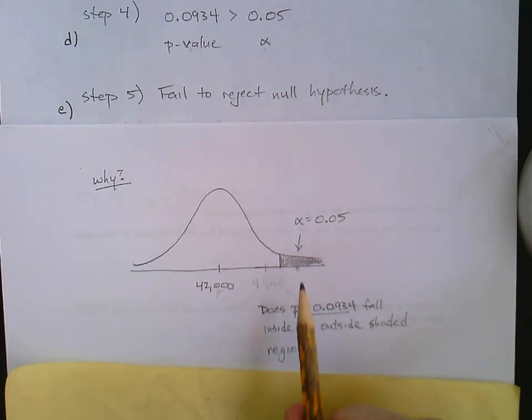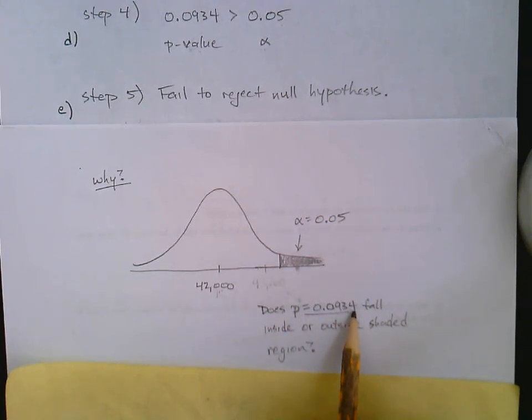Okay, so we go through, we find the z-score, right? Then we find the probability attached to that z-score. It all was based on that sample average that we took, 43,260. So we find this probability, right? 0.0934. Does P equals 0.0934 fall inside the shaded region or outside the shaded region?